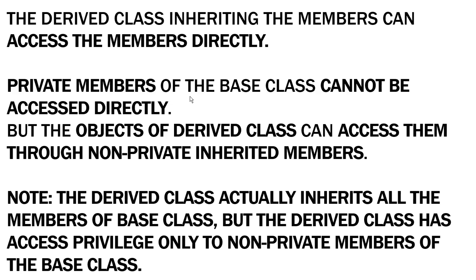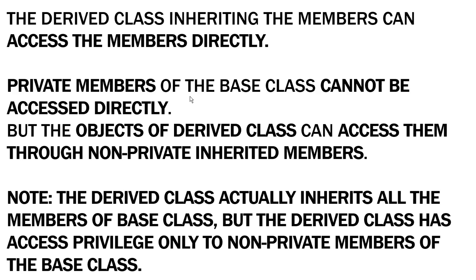So you can access the variables of a base class in the new class. Okay, so you can access them directly. Then we have, private members of the base class cannot be accessed directly. So the private members of the base class we cannot use them because these are private members, you cannot touch them. Now to access the private members, you can use a trick, that you can use the object of the derived class by accessing the non-private inherited members.